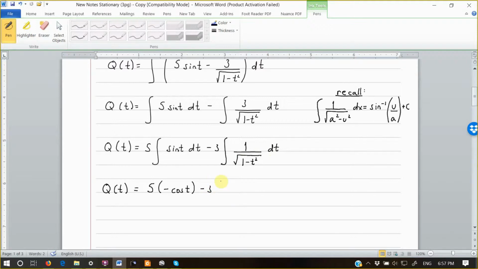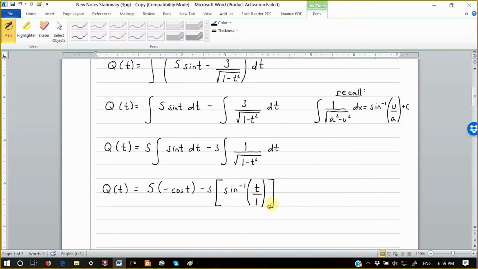And then what I have, well, let's see, that becomes an inverse sine. My u, in this case, is t. What's my a? Well, in this case, my a is 1, because 1 squared is just 1. Close that, and then, of course, plus c.